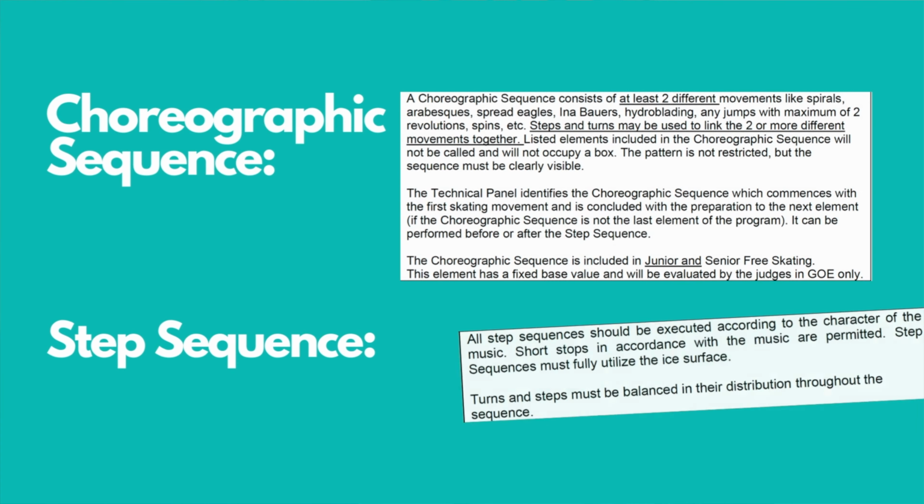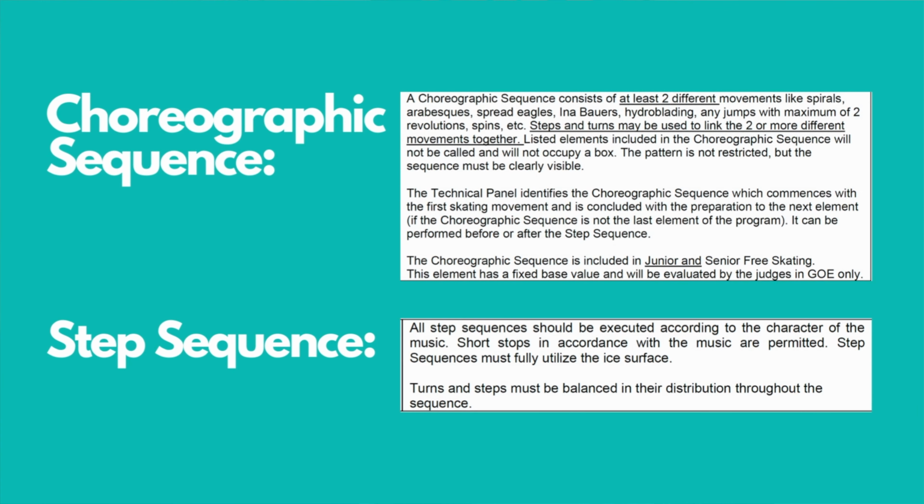There's now a clear definition of a step sequence and a clear definition of a choreographic sequence. With that choreographic step sequence thing, it was so vague. What was it exactly? We didn't know what to do or how it should be evaluated. What exactly was it even supposed to be? Now we have very clear delineations regarding what's required to achieve the element and the requirements that judges need to use to evaluate them.